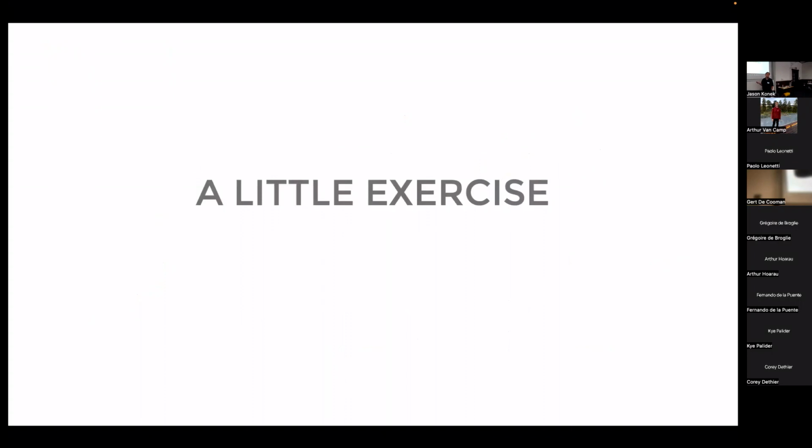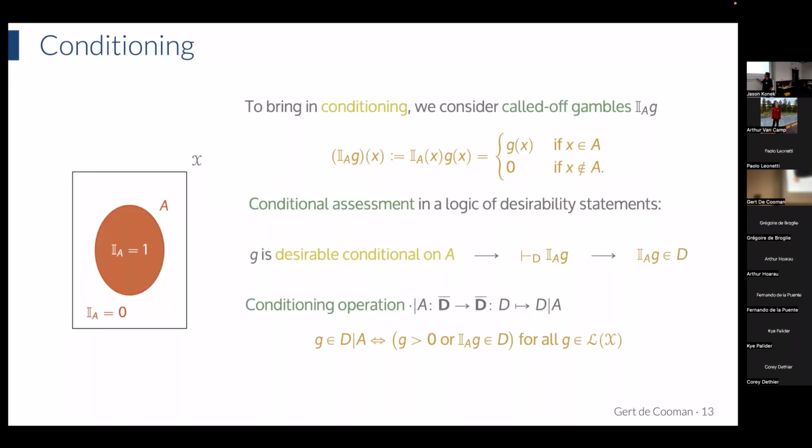Why do we make that G greater than 0? Because I want the result to be coherent. It's possible that the gambles you have in here may not include all the positive gambles. So this is just for safety.